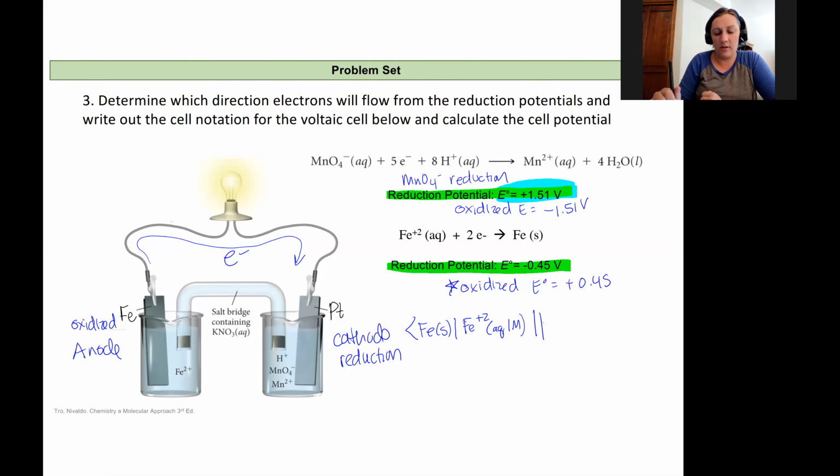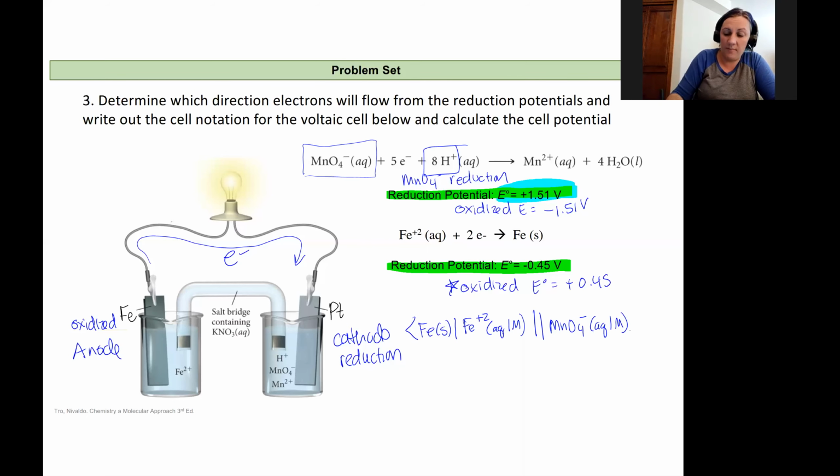We'll start with the electrolyte solution for this. In this case, my electrolyte solution is what is being reduced, which is that manganese oxide. But it also is that H+ as well, which is in solution.